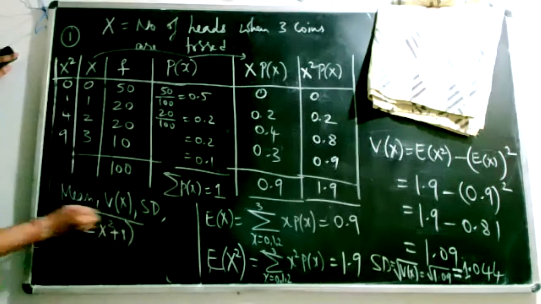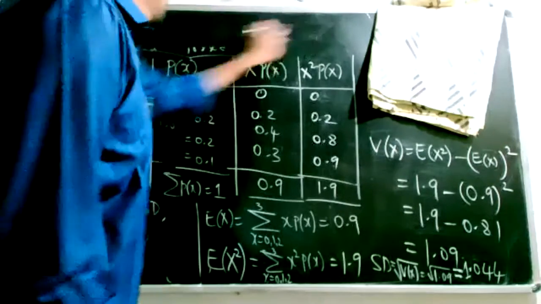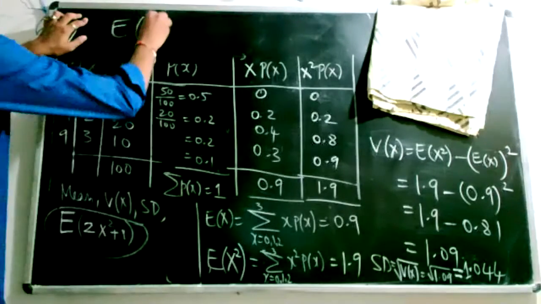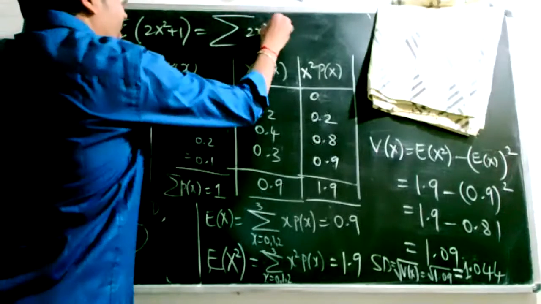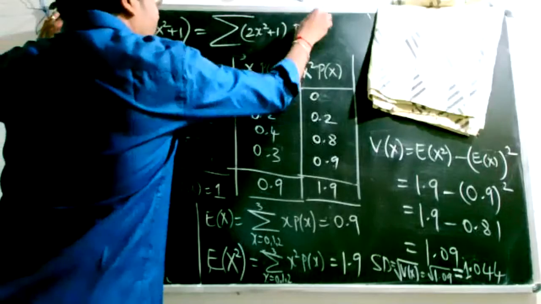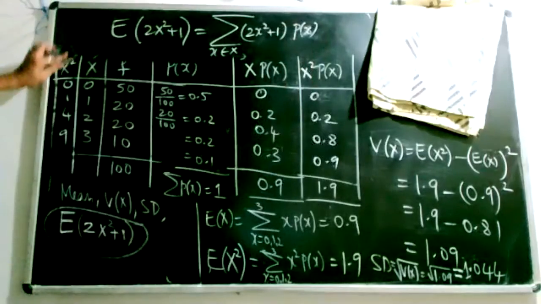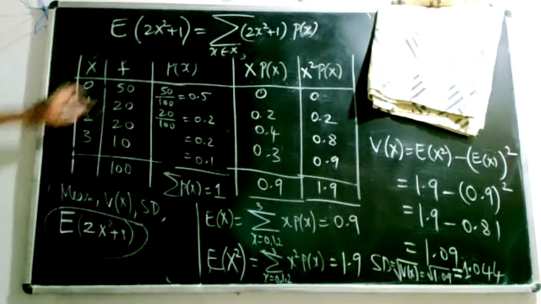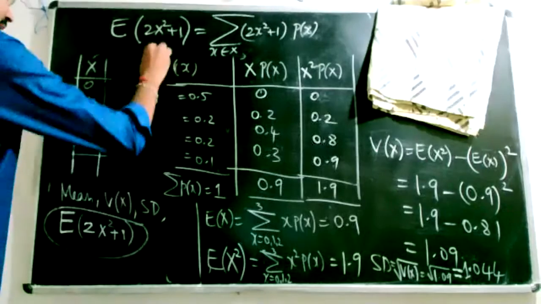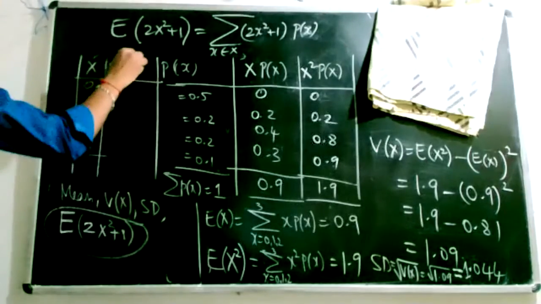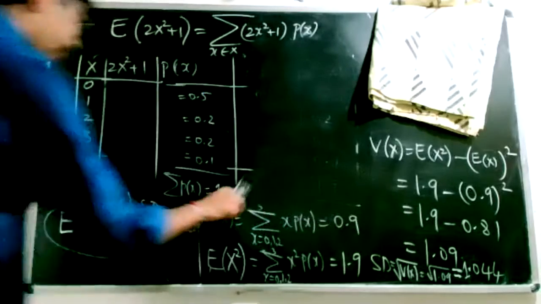Next we have expectation of 2x square plus 1. Now if you look into the formula, expectation of 2x square plus 1 is equal to summation of 2x square plus 1 multiplied with px for all the values of x. So we have x as 0, 1, 2, 3. I have to now compute 2x square plus 1 for every value of x and then multiply that with the values of the probability.